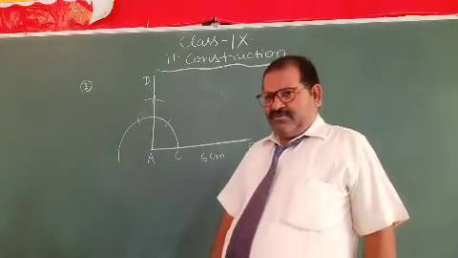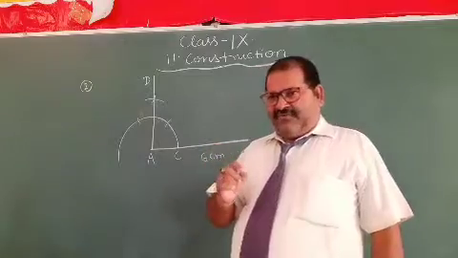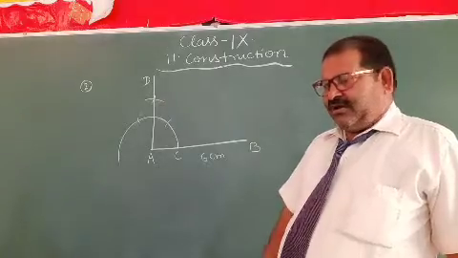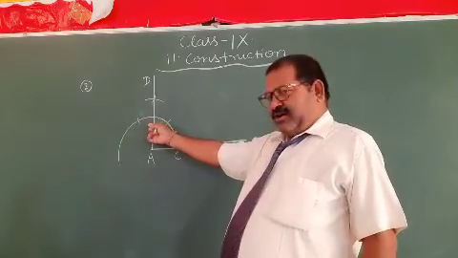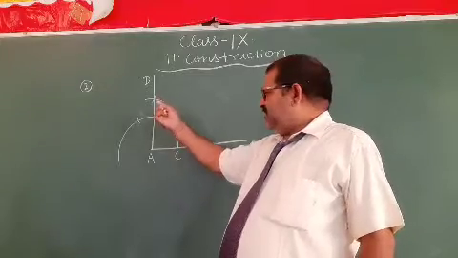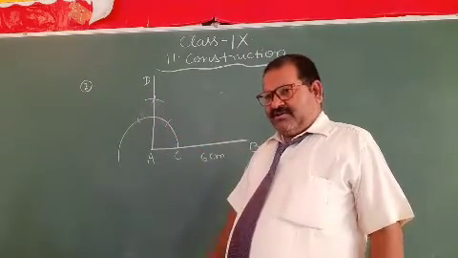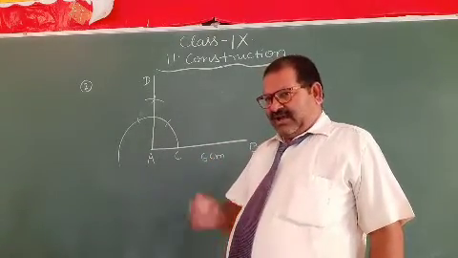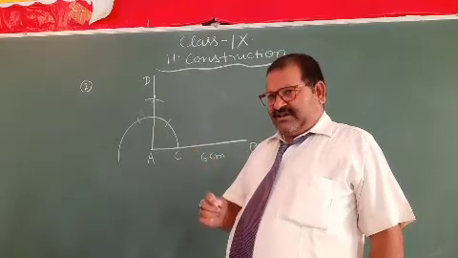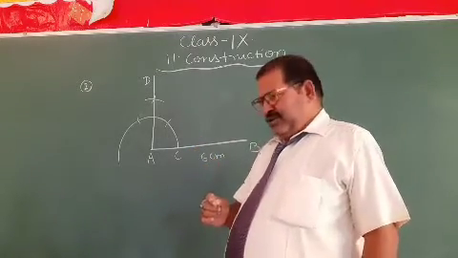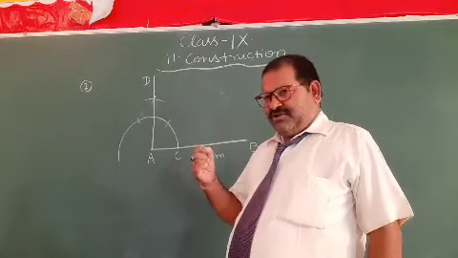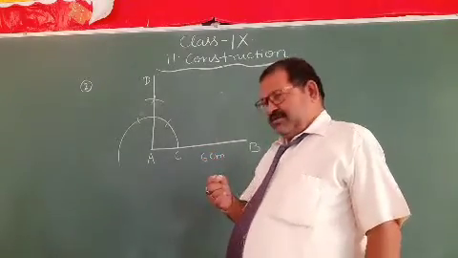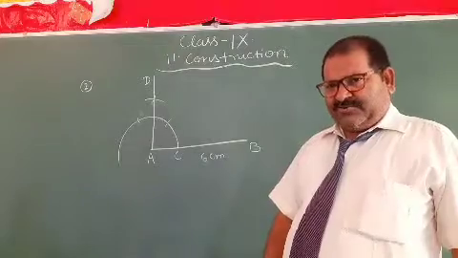Take more than half distance of the arc and draw another arc above it. They intersect, and now join the intersection to A and produce it to D. So the required angle of 90 degree is formed.